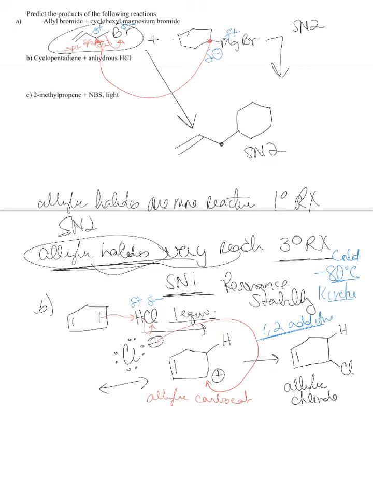Now, a thing you always have to be aware of when you're dealing with allylic cations is they can do resonance. So then we can get, I'll redraw this one. So when you have an allylic cation, those electrons can resonate there, and then you get the plus over here.